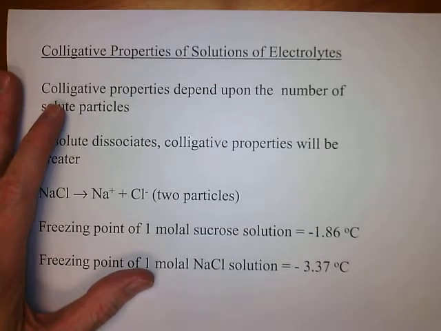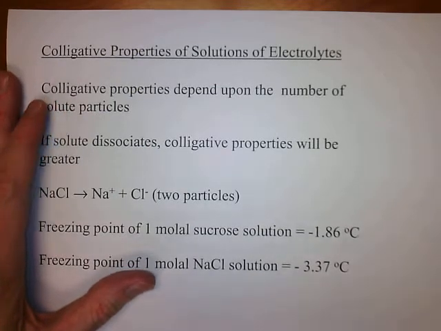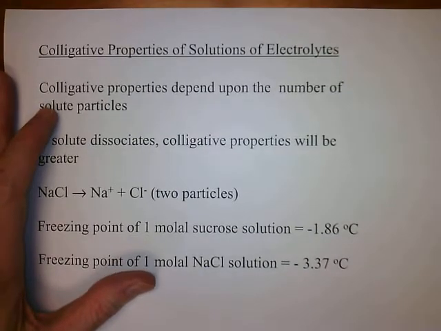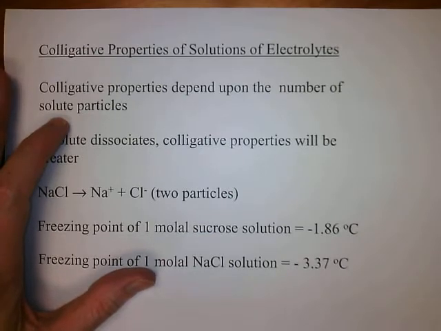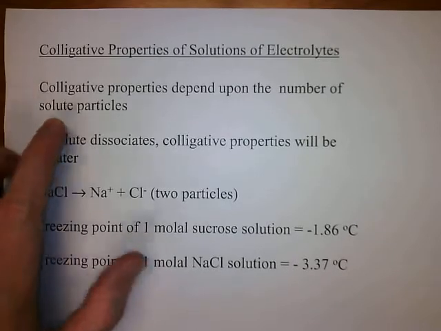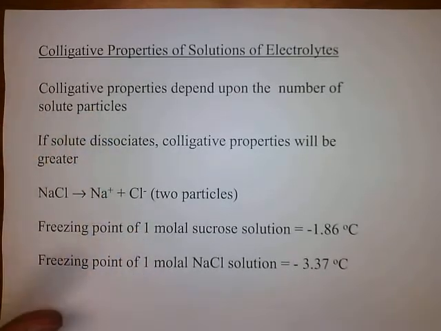Things like sucrose and glucose, they're all covalent compounds. But colligative properties depend upon the number of solute particles. It has, one more time, nothing to do with the molar mass of what you're dissolving. What changes the properties of the solvent is how much solute you're putting in there. How much meaning number of moles.